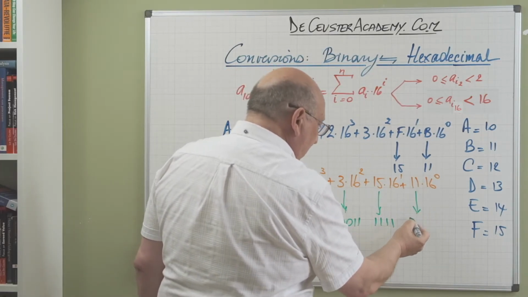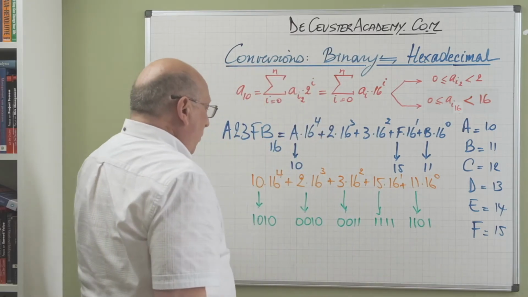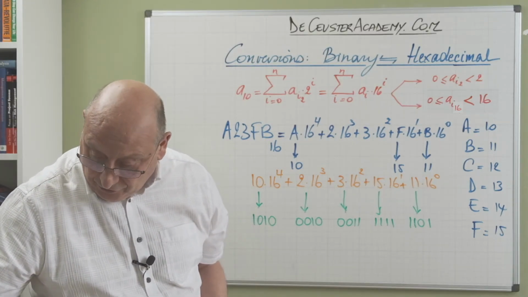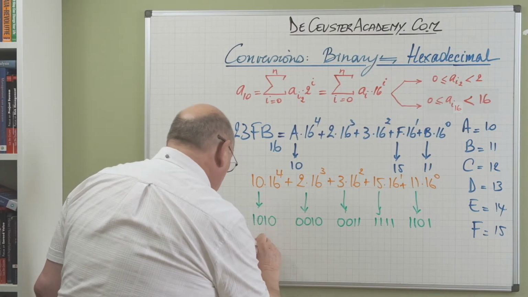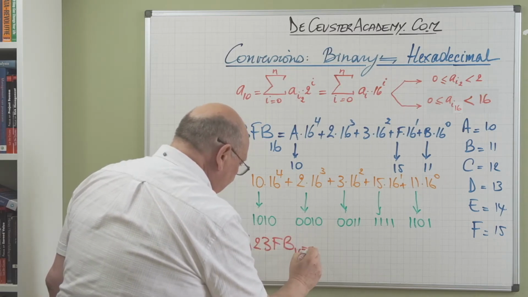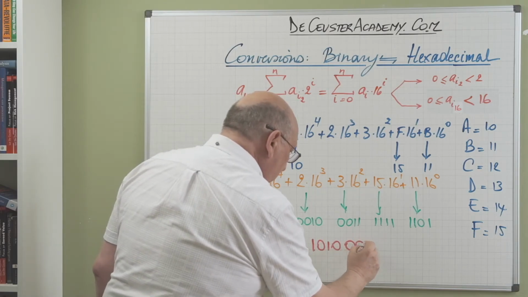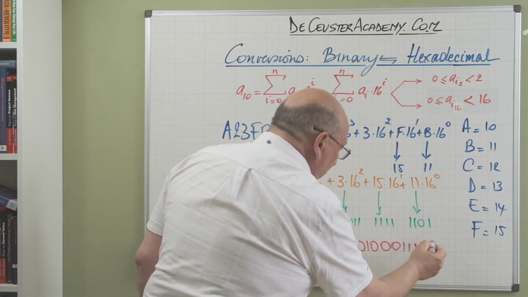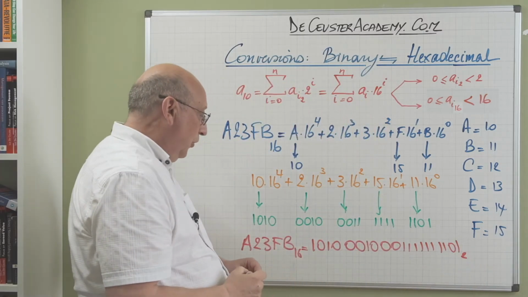And the last one, 11, is 1, 0, 1, 1. So at the end, we can write that our number A23FB in hexadecimal is 1, 0, 1, 0, 0, 0, 1, 0, 0, 0, 1, 1, 1, 1, 1, 1, 1, 0, 1, 1 in binary notation.